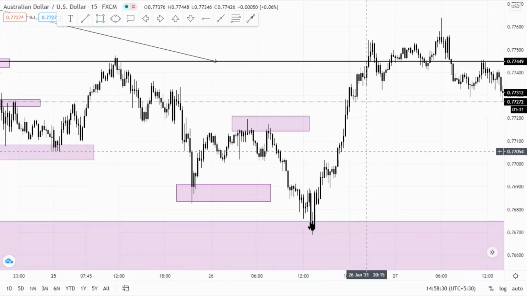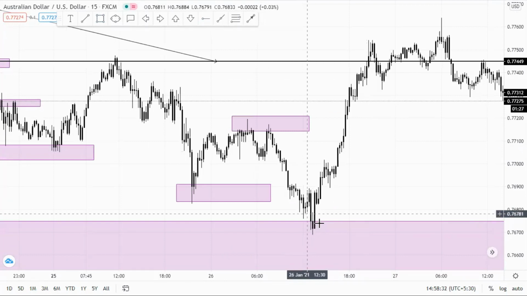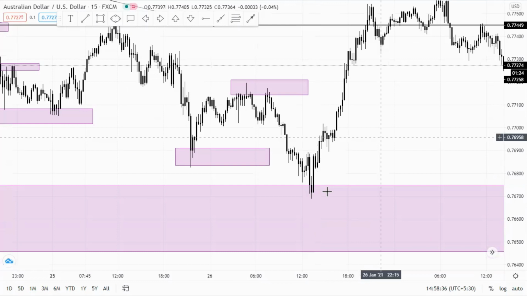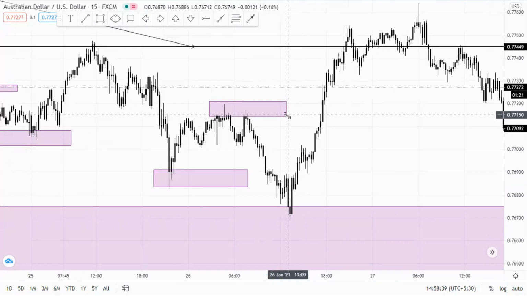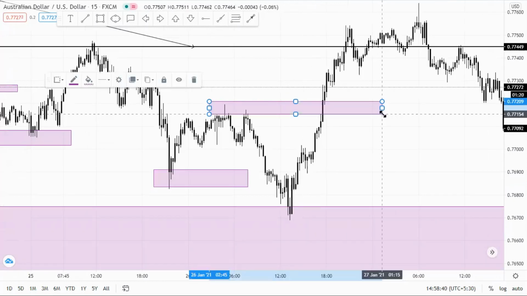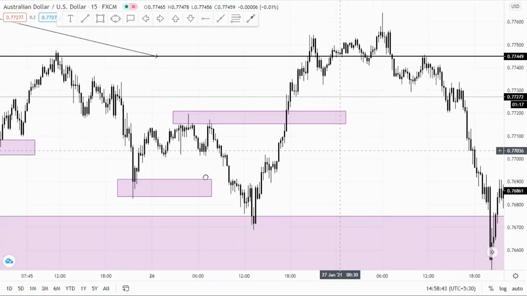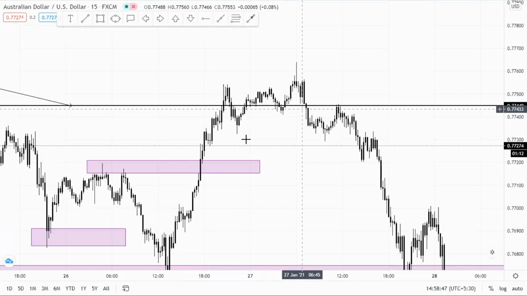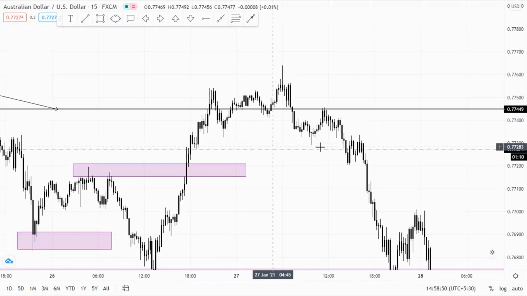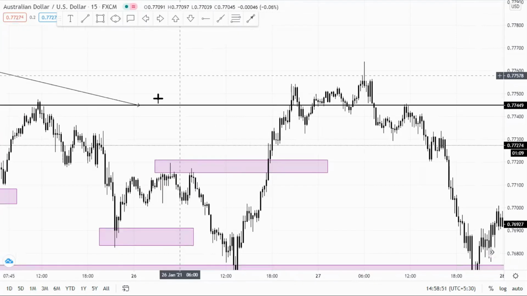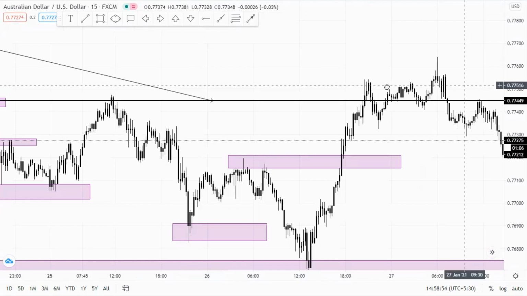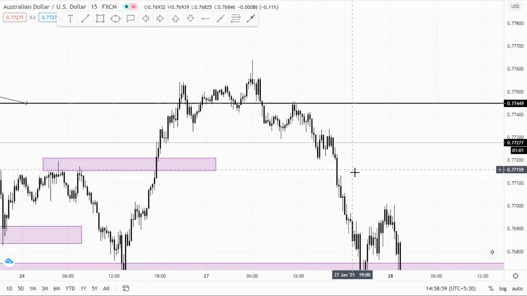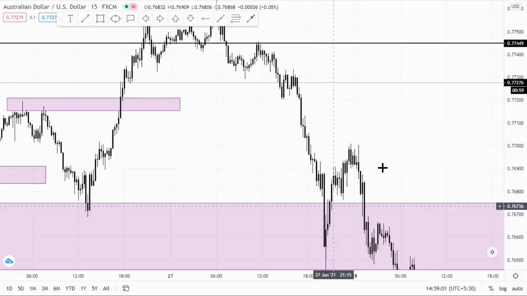Then, as you can clearly see here, it came to test that level of support, which is on the H4, and it broke this last lower high, which gave us some sign that the bulls were willing to push the price to the upside. But as you know, if you mark this zone here, a nice level of supply, of which there was a lot of manipulation, a lot of fake outs here, then it went down again to this point.